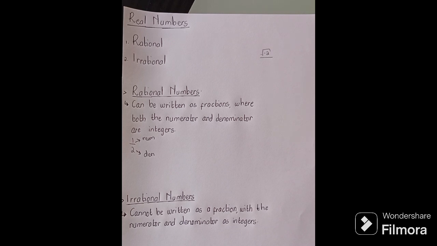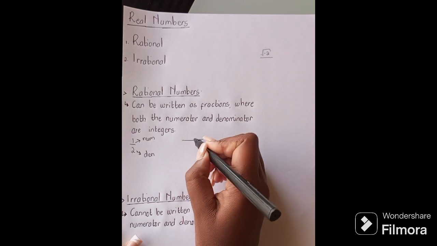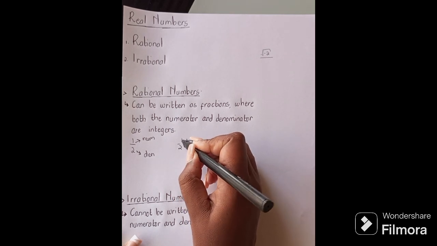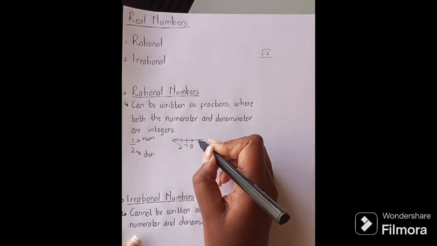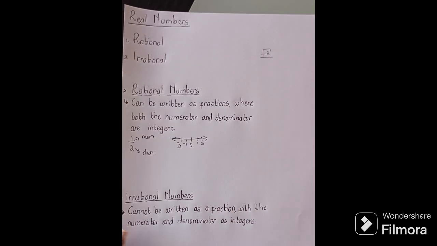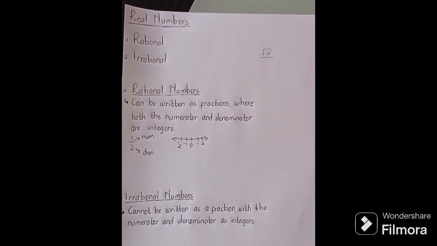Integers are negative numbers, 0, and positive numbers. You have 0 there, you have -1, you have -2, and then the numbers go on. You have 1, you have 2, and the numbers continue. The negative numbers, 0, and the positive numbers, those are integers.